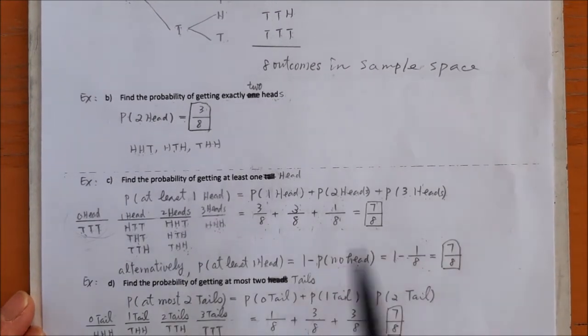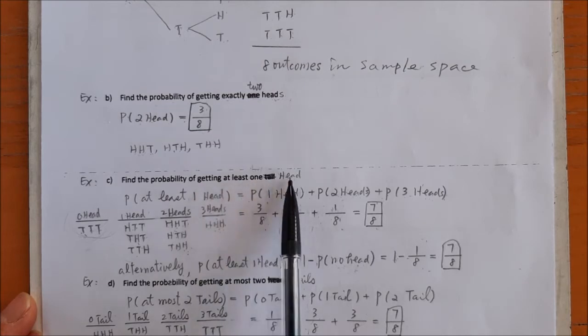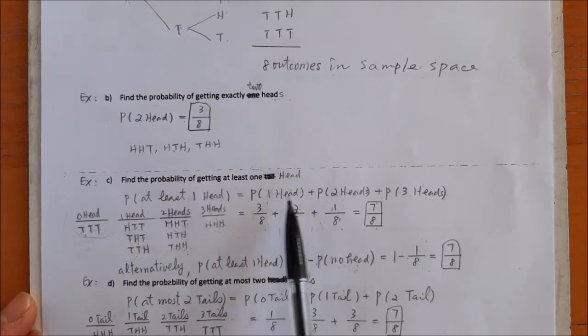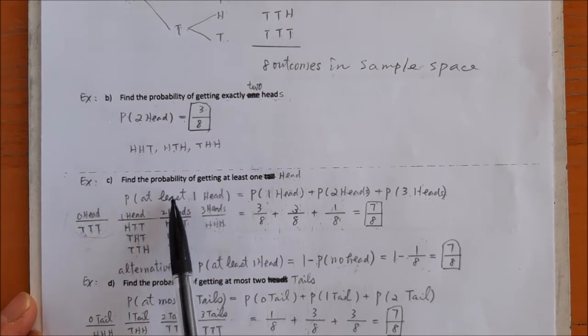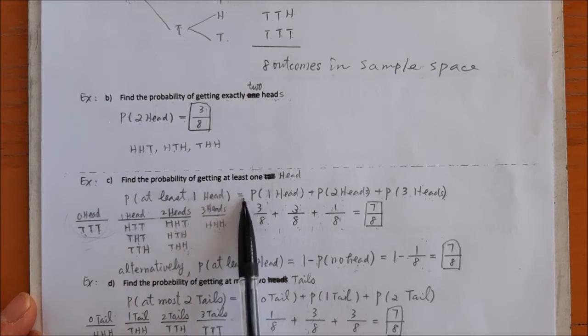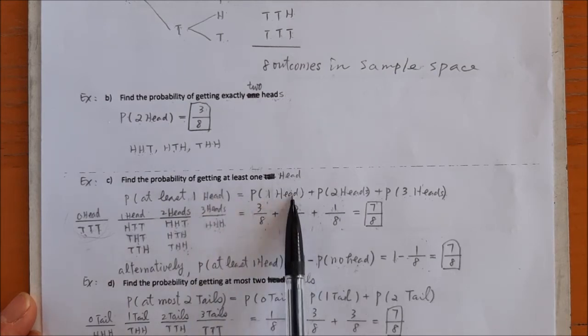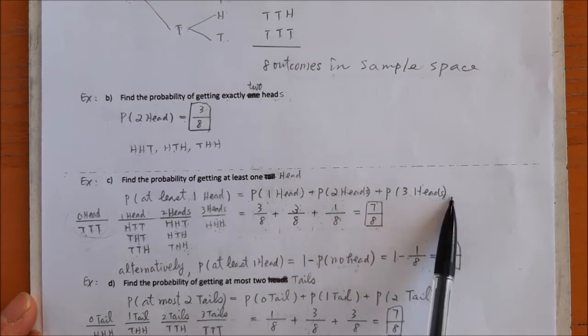And C, find the probability of getting at least 1 head. At least 1 head, so it's 1 head or more than 1 head. So probability of at least 1 head is equal to probability of 1 head add probability of 2 heads add probability of 3 heads.